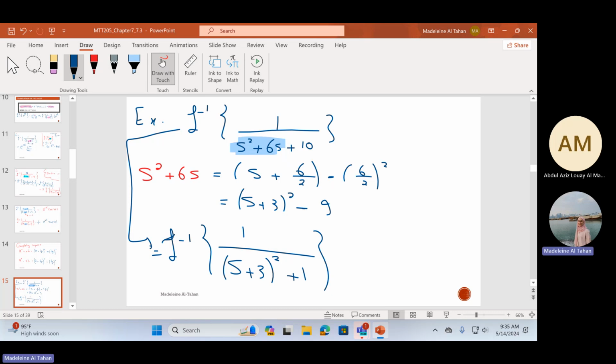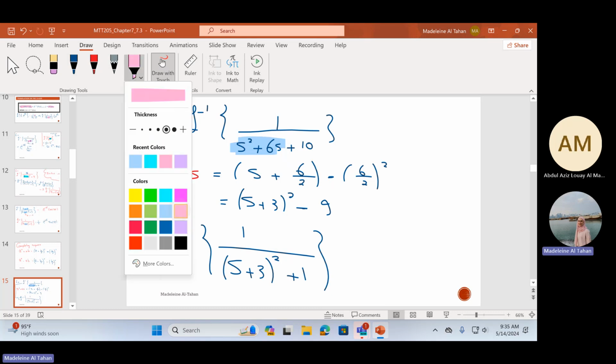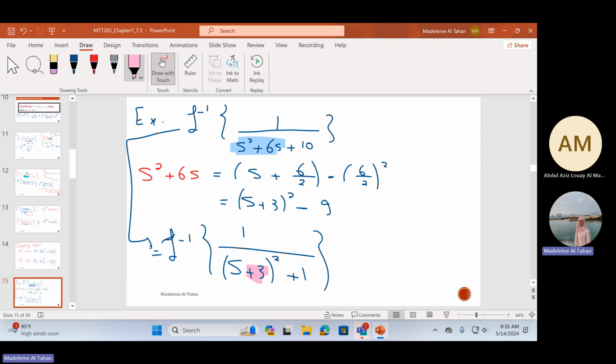Now this one, if we don't have the 3, are you okay with it? Yes. What will be without 3? Sine. And because we have the 3, it means that A equals minus 3.